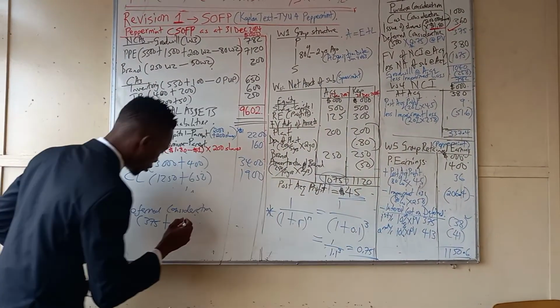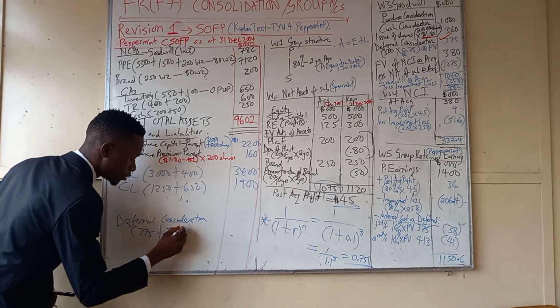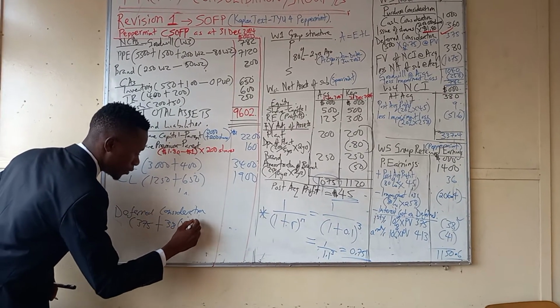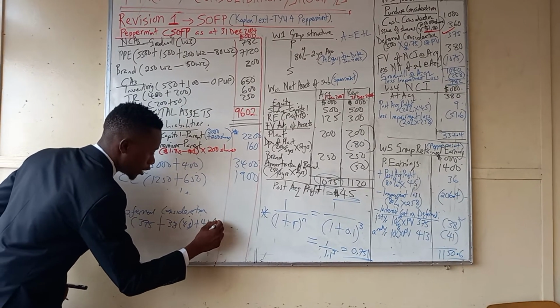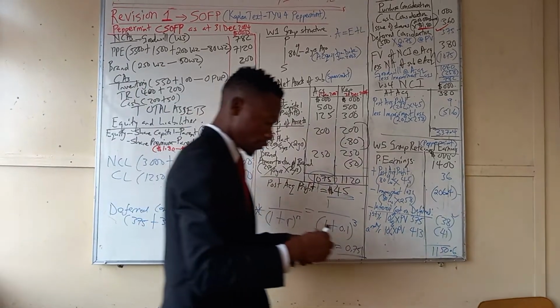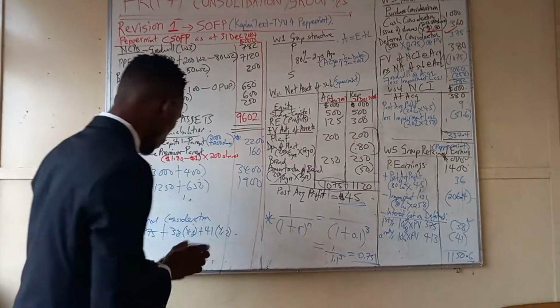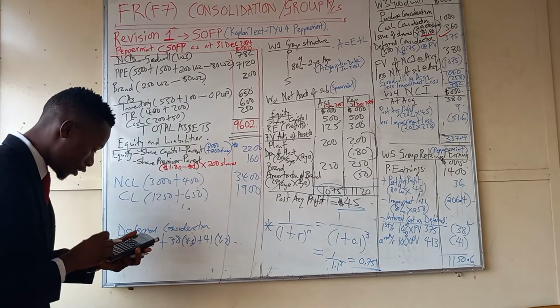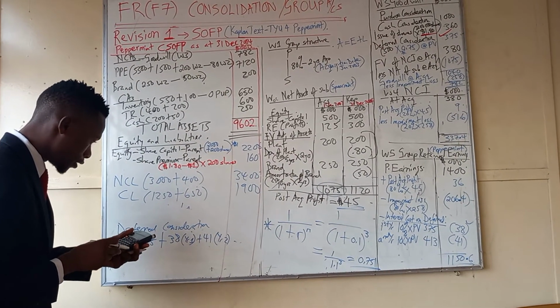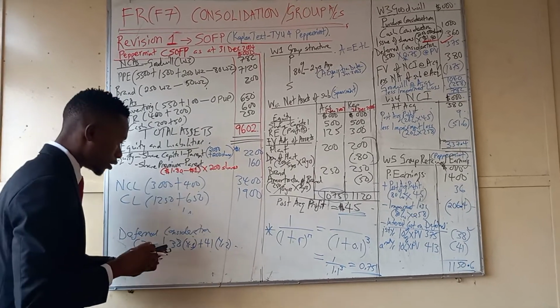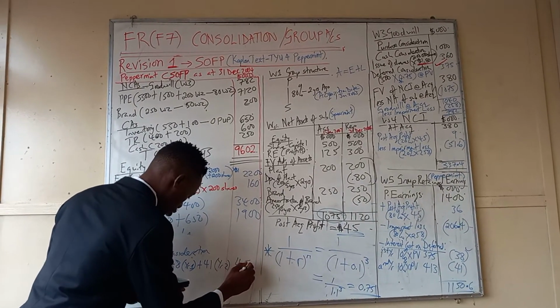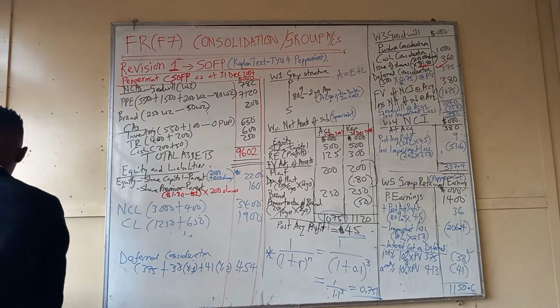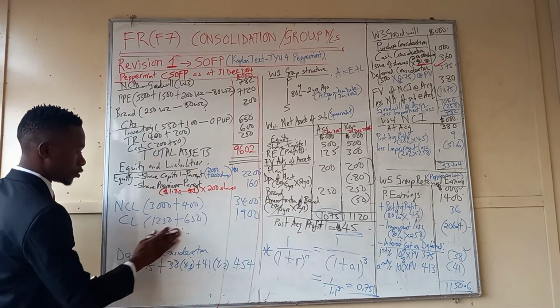Interest in year 1, 38, this relates to year 1, plus the 41, which relates to year 2. So if you sum up the amounts, 375 plus 38 plus 41, this will be 454. So that's the amount.